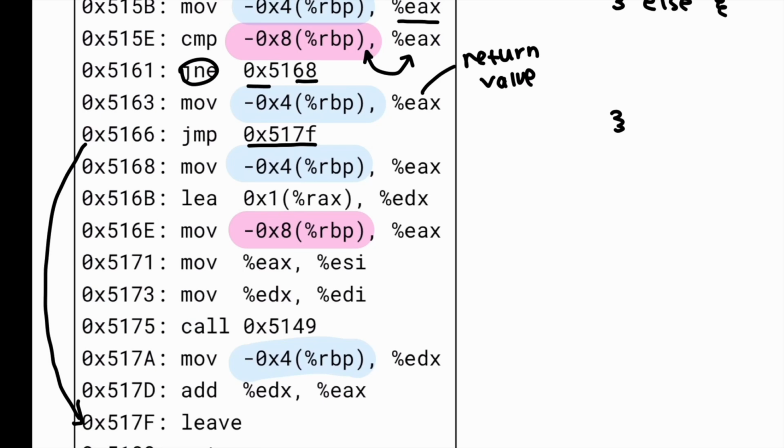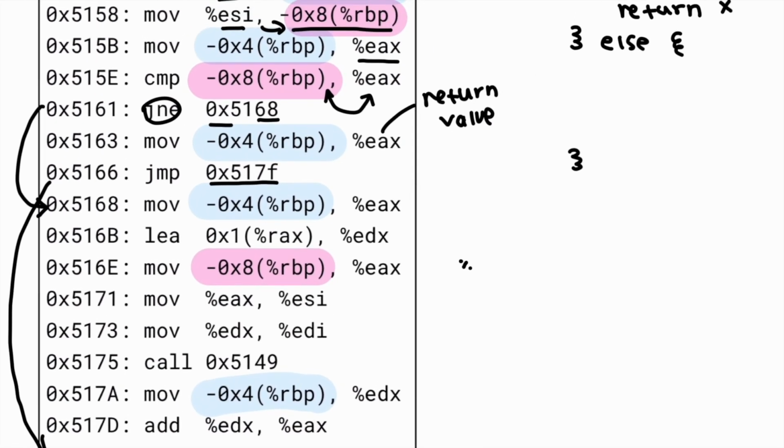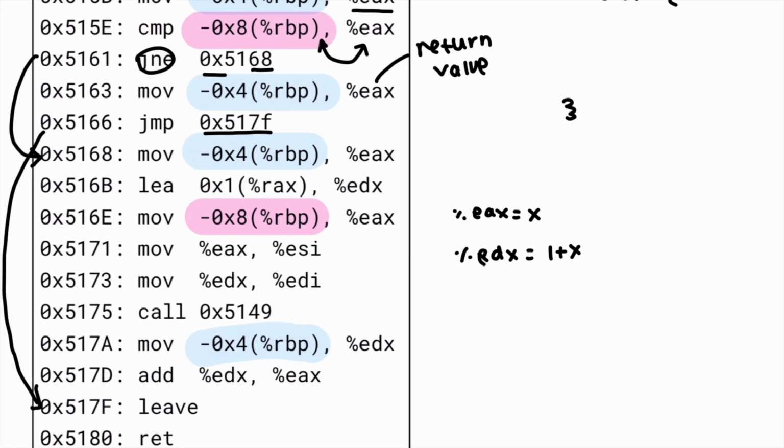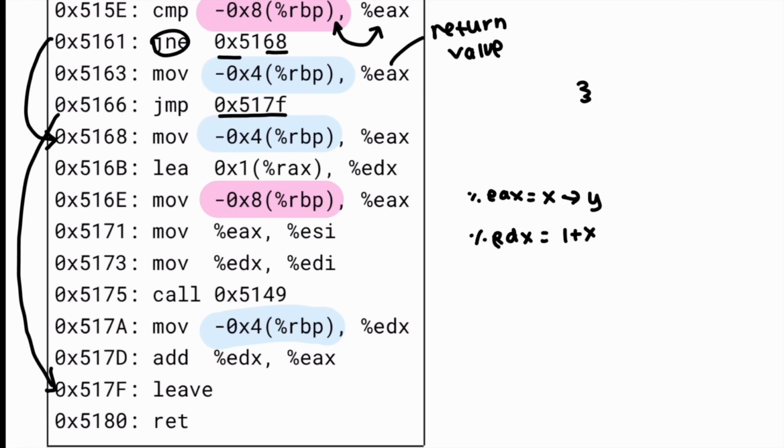Otherwise, if we look at this, we can see that if it's not equal, then we would actually go down to this instruction over here, and we're going to move our x into EAX, and then we're going to add 1 to x and place it into EDX. So EDX is basically 1 plus x. And then we're going to move y into EAX. This becomes y. And then we're going to move EAX into ESI.